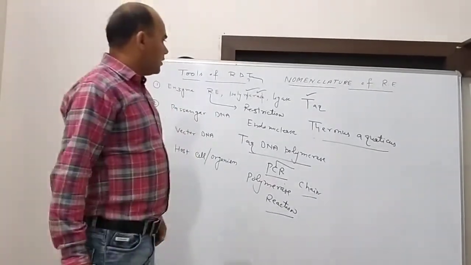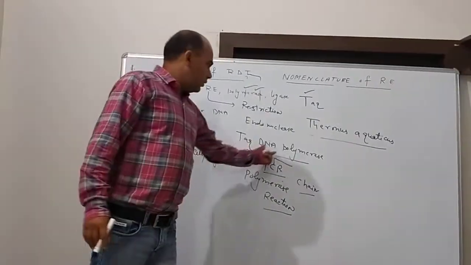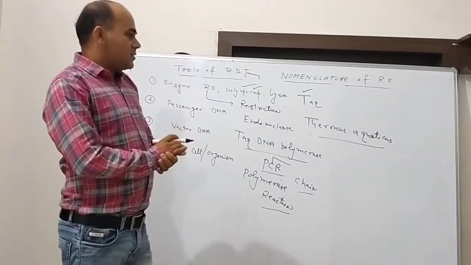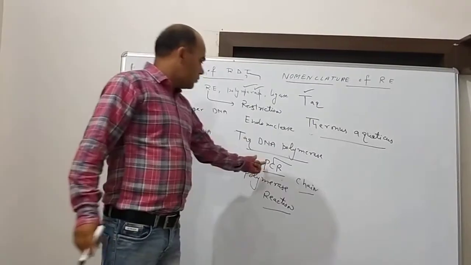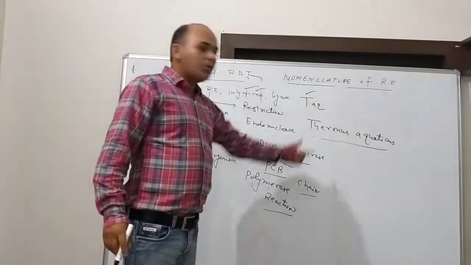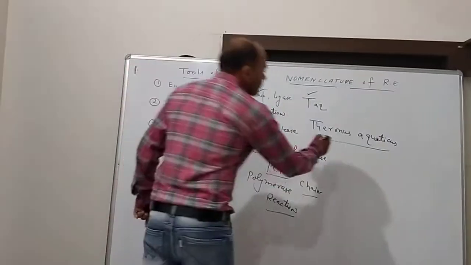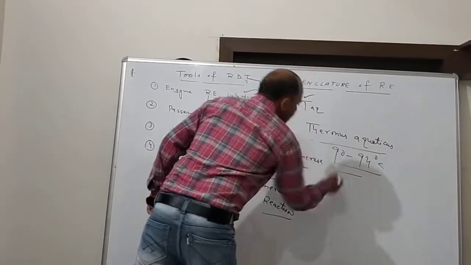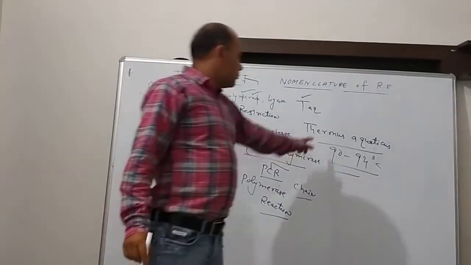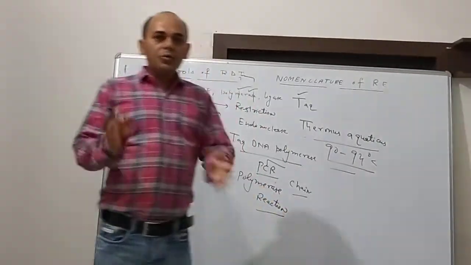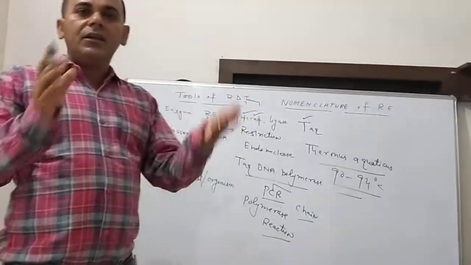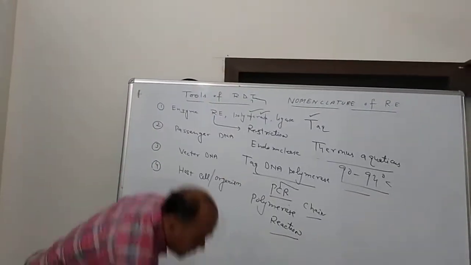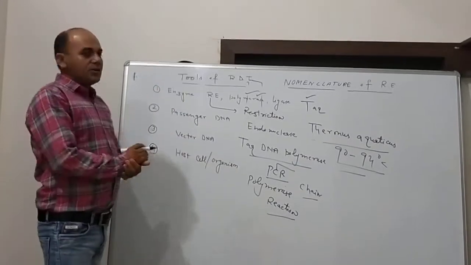This enzyme, Taq DNA polymerase, which is used in the technique called PCR, can tolerate a high range of temperature, near about 90 to 94 degrees. That's why the word therma or thermos, you know very well, indicates temperature. Simply it indicates heat. So this can be used in this reaction.